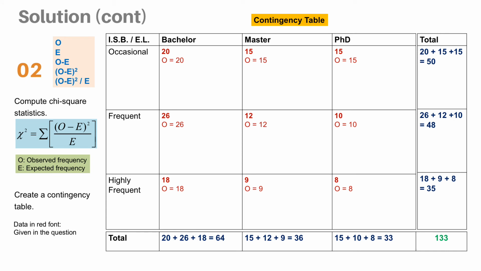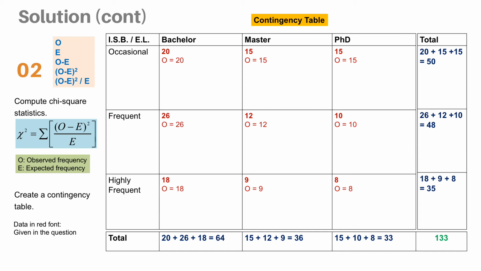But first, we have to find what are the totals of O for every row and for every column. For the first row, the total O is given as 20 plus 15 plus 15, that is equal to 50. The second and the third row have the total O of 48 and 35 respectively. For the first column, bachelor, the total O is given as 20 plus 26 plus 18, that is equal to 64.